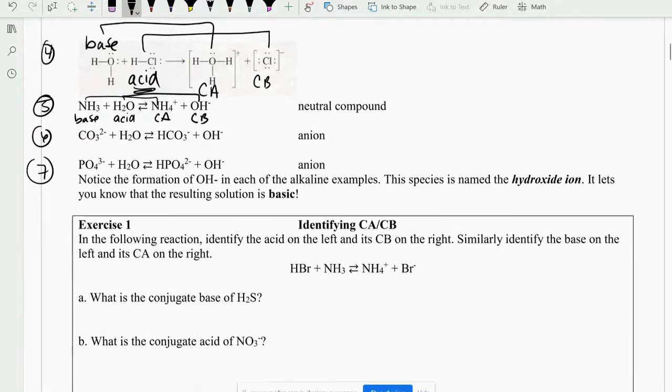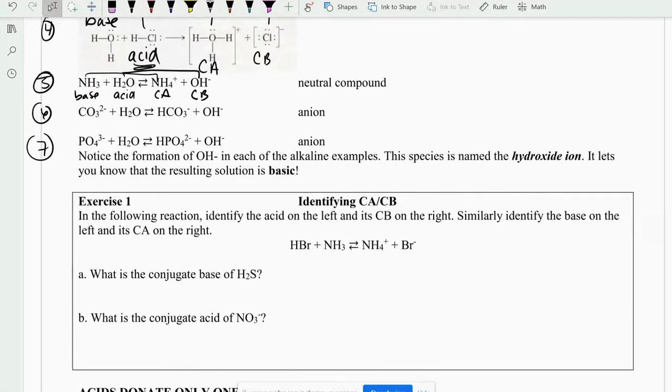Okay, let's do a couple more really quick. CO3 2- in water yields HCO3- and hydroxide ions. Again, water here is going to act as our acid. It's going to strip that hydrogen proton to form the conjugate base. Conversely, CO3 2-, this carbonate ion, is going to act as the base to accept the hydrogen proton. And so this would be our conjugate acid over here.